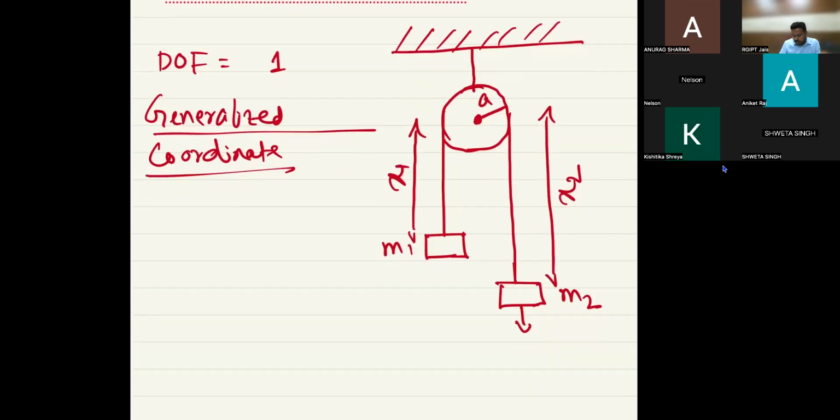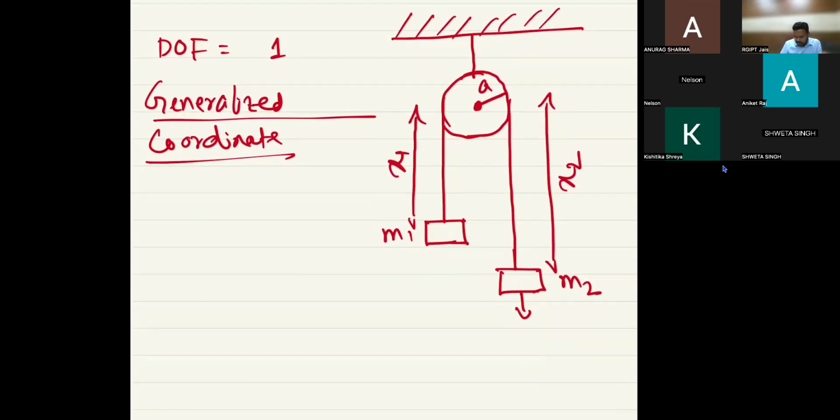Then we can say x1 plus x2 plus the half circumference of the pulley, which is pi times a, should be constant. That value is L.